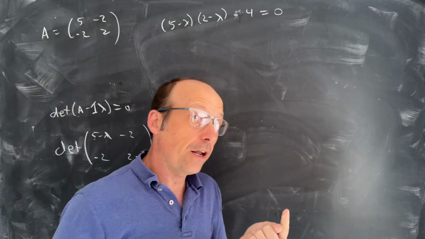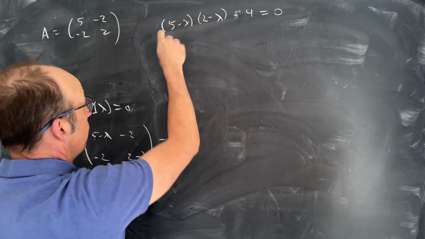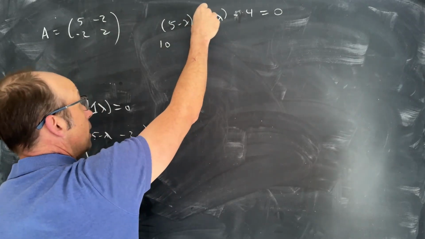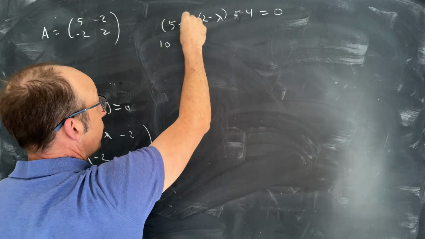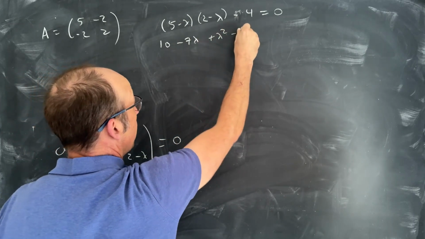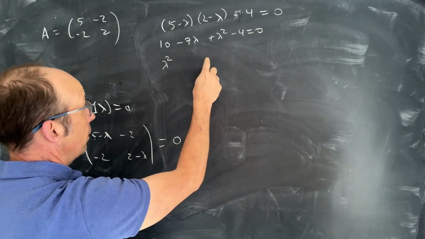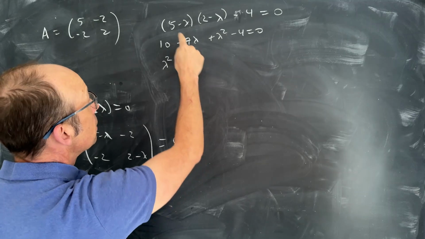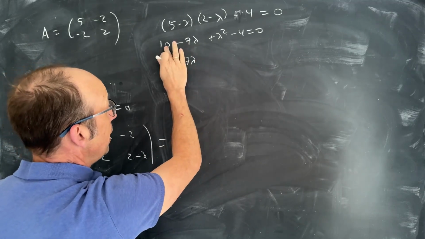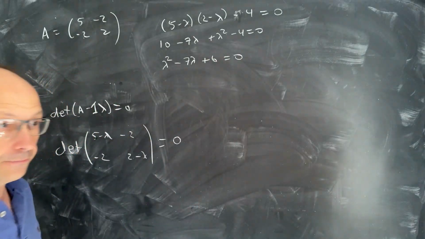Now I want to solve that equation for lambda. Let's just multiply this out. I'm going to get 5 times 2 is 10. I'm going to get negative 2 times 5, so it's negative 7 lambda, plus lambda squared, minus 4 equals 0. Let's rewrite that as lambda squared minus 7 lambda plus 10 minus 4, which is 6, equals 0.